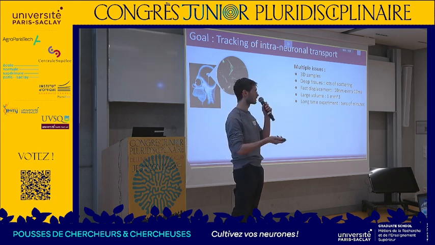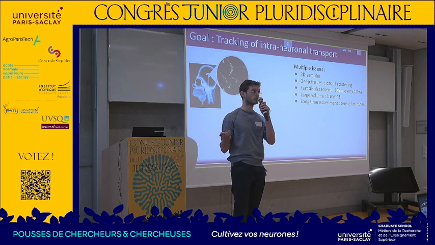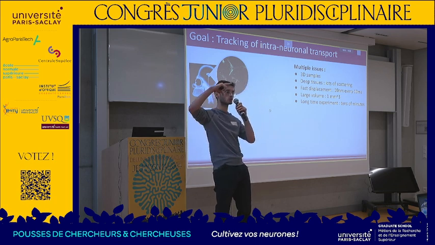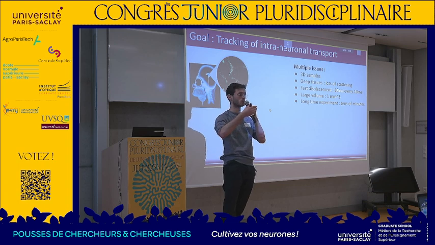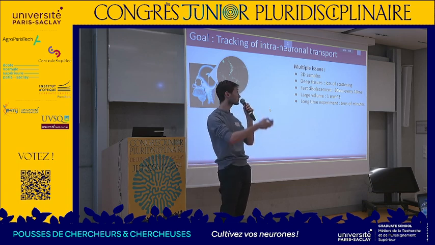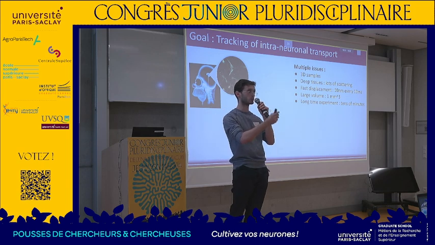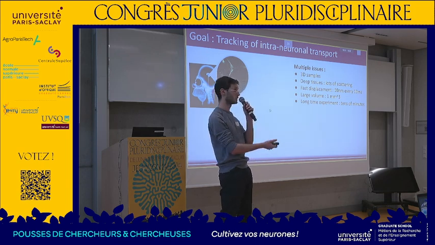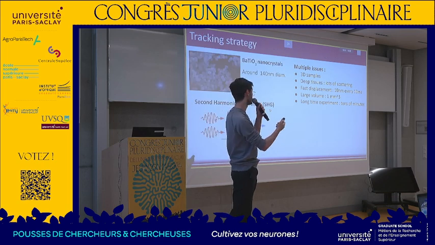So it's really difficult. And instead of doing classical microscopy, where you take pictures after pictures and follow your particle, what we do is we put a single emitter that will be carried by the molecule, and we follow only this one.